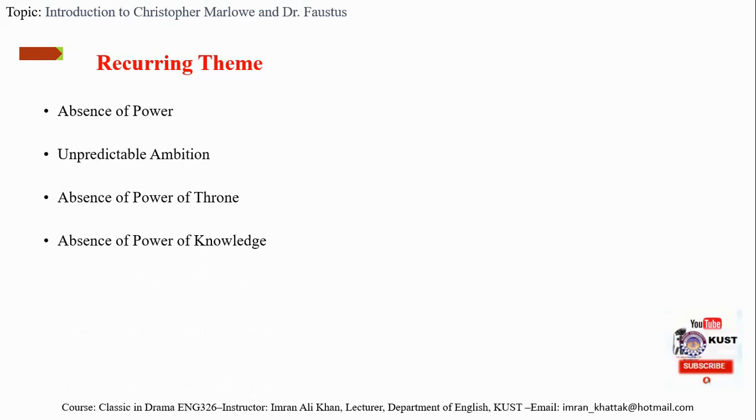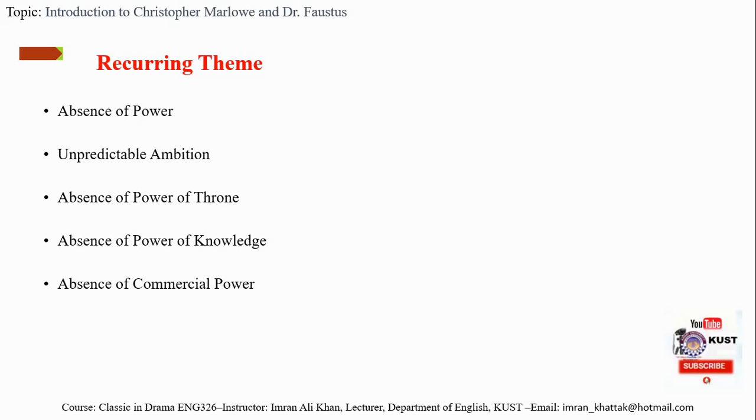So the recurring themes are the use and abuse of power. In Tamburlaine, there is abuse of power for his own personal satisfaction. In Edward II, the same monarchic power has been misused, abused. In The Jew of Malta, commercial power has been misused in order to exploit people.